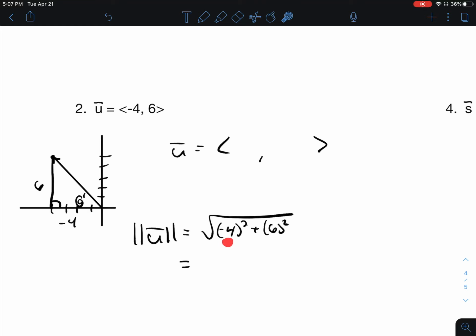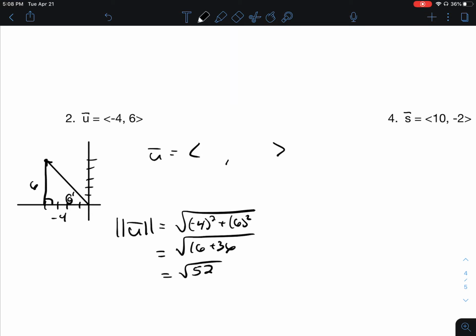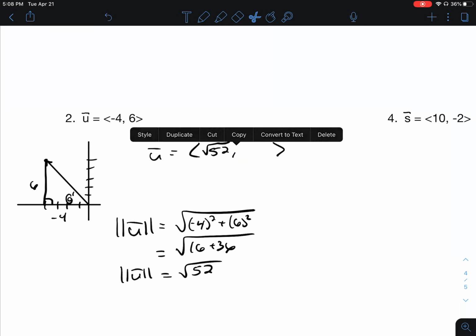Please note this negative needs to be in the parentheses, because if you square something, it becomes positive. That's going to be the square root of 52. We could reduce that to 2 square roots of 13, but we'll just leave it like this. So the magnitude is square root of 52.